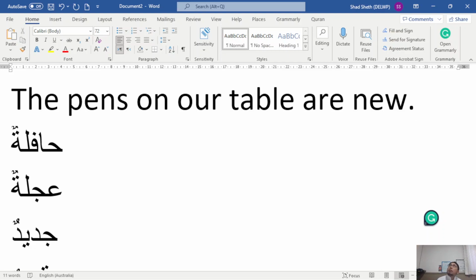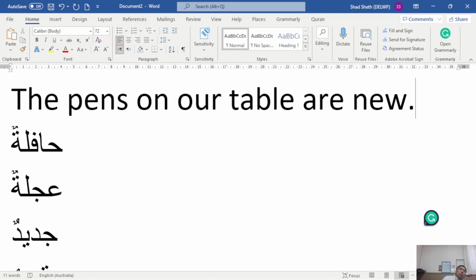Yes, I think we can do that. There's no new rule. Can I use kalam for pens? No, plural for kalamun is aqlamun. Al aqlamu, ala al maktabati.